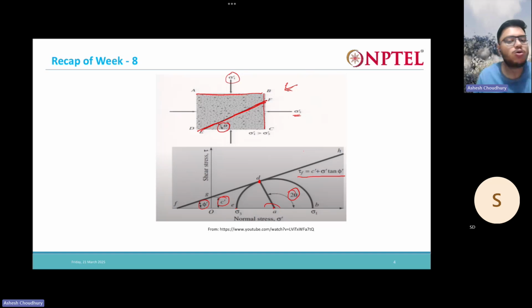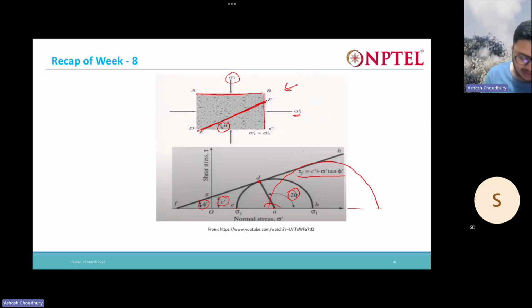Now say you have one more soil mass where you have higher values of principal stresses. The similar thing we can plot, a bigger circle.